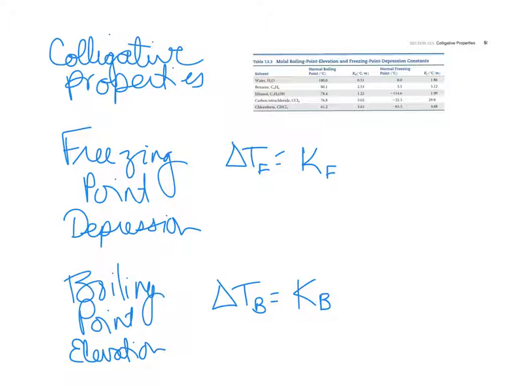I put the little table from your book, section 3.5, up here, so you can see the boiling points and then the K values as well. So that's just a constant. If you're talking about water, you always use one of these two numbers for your constant. Just choose the right one.